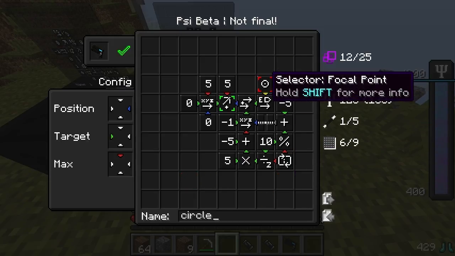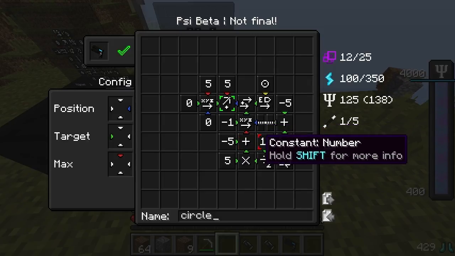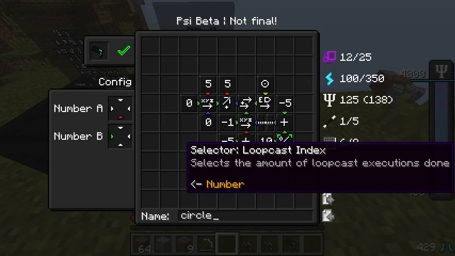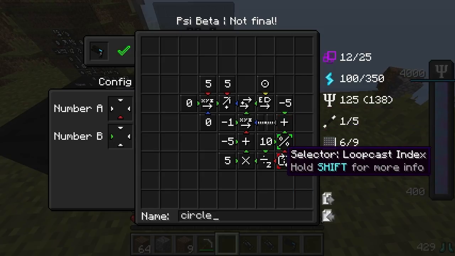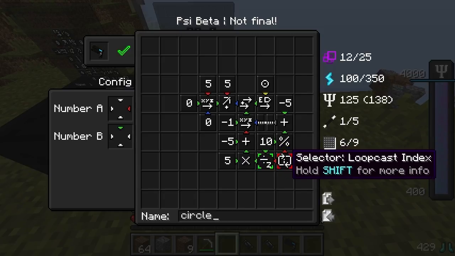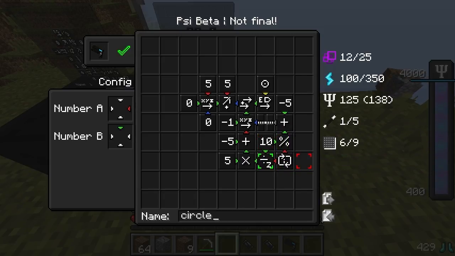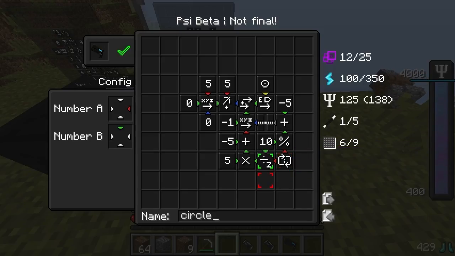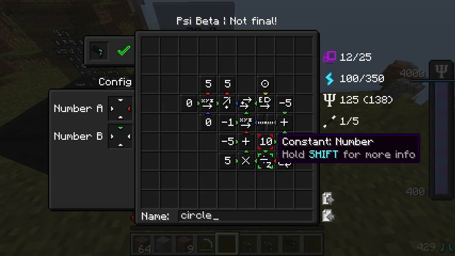This is interesting. It's going to divide by B. Wow. This is an interesting one.